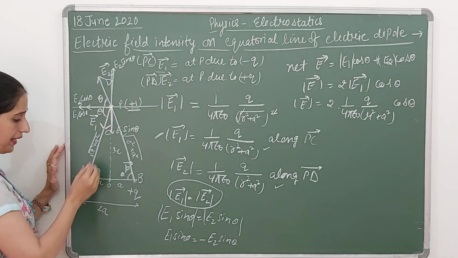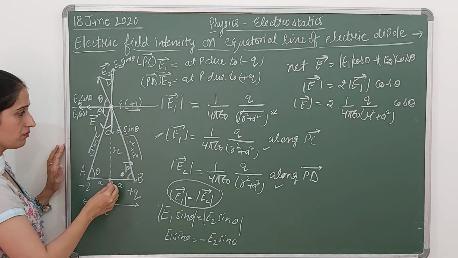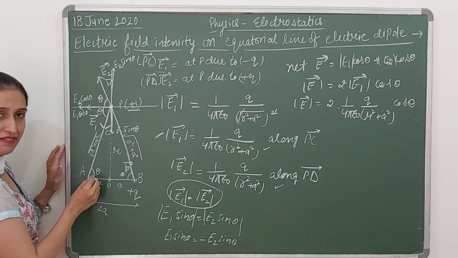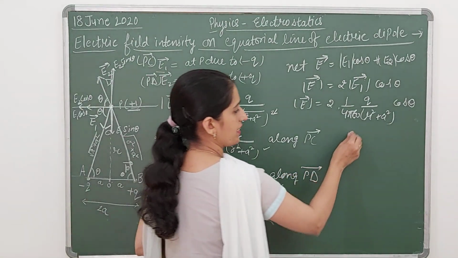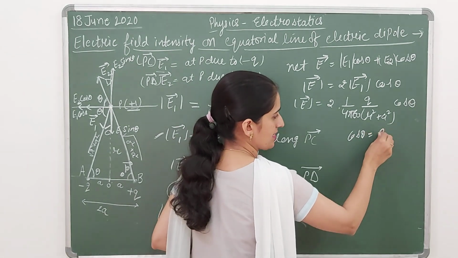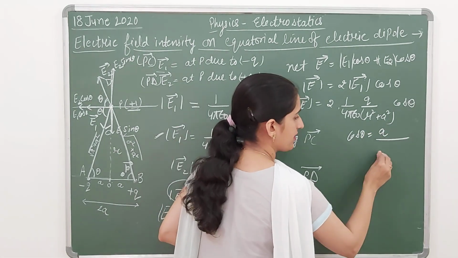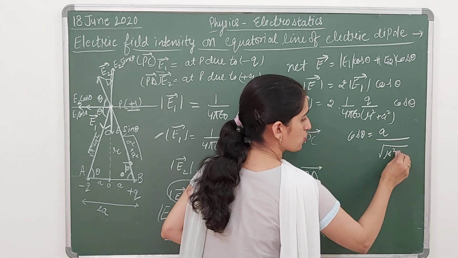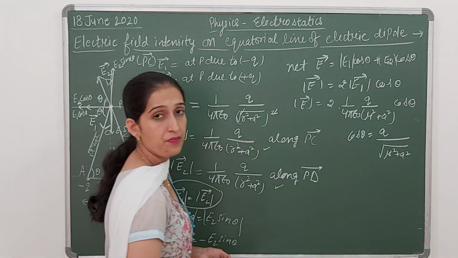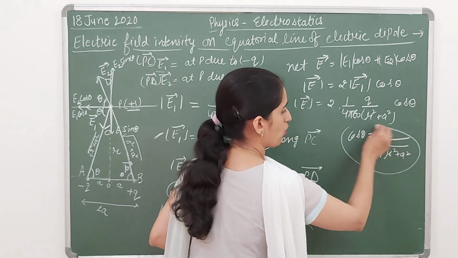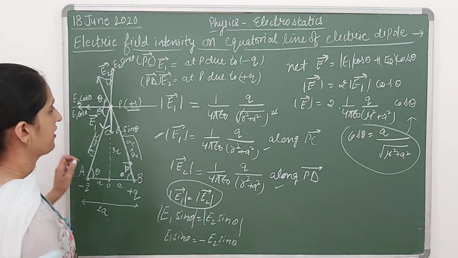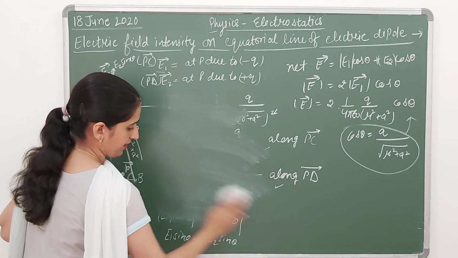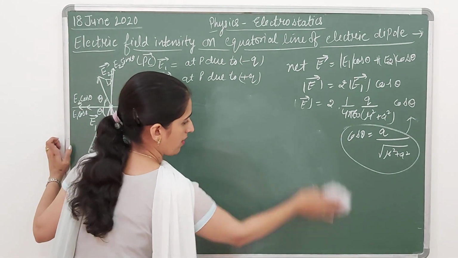Taking triangle PAO, cos theta is A, the base, upon the hypotenuse, which is under root R square plus A square. We put this cos theta value in the above equation to get the net electric field intensity.